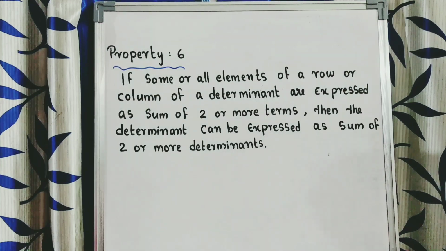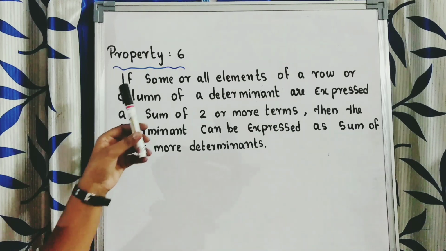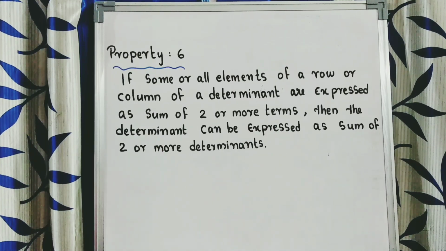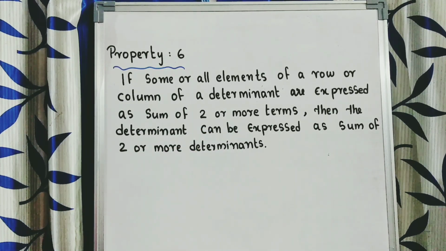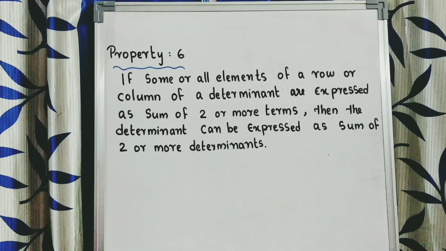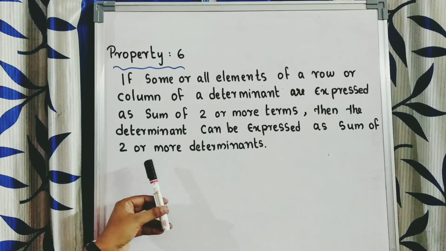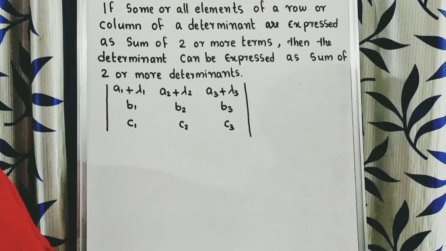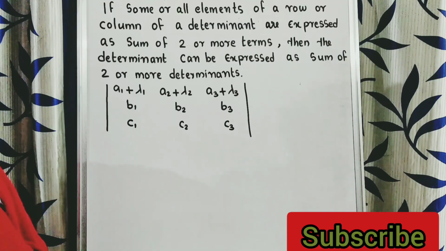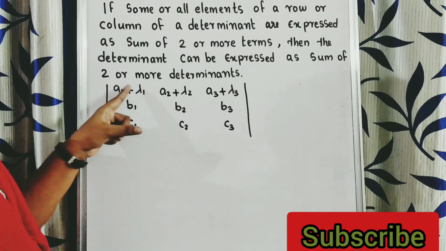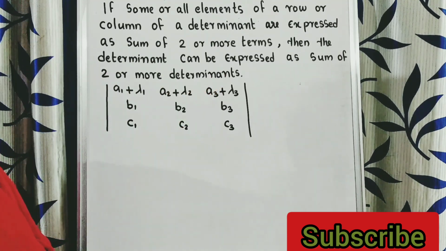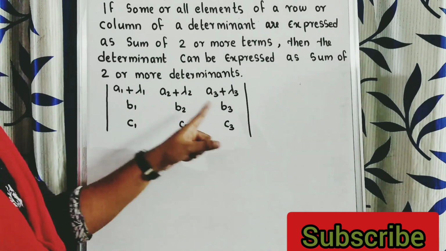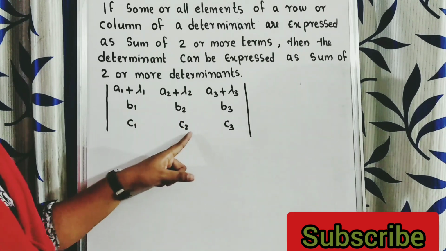Next is the sixth property of determinants. If some or all elements of a row or column of a determinant are expressed as a sum of two or more terms, then the determinant can be expressed as a sum of two or more determinants. Consider the example: the determinant with first row a1 plus lambda 1, a2 plus lambda 2, a3 plus lambda 3, second row b1, b2, b3, third row c1, c2, c3.